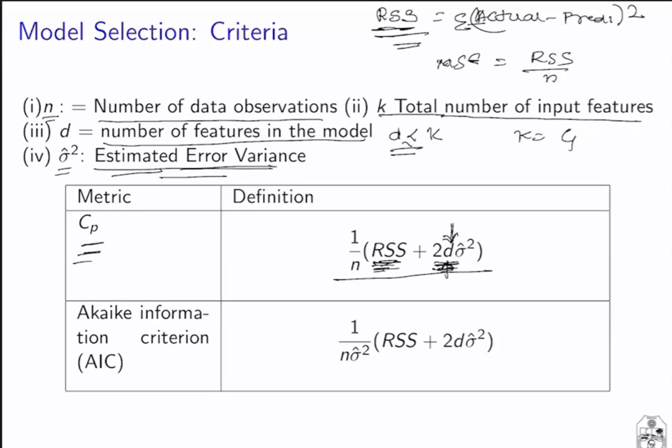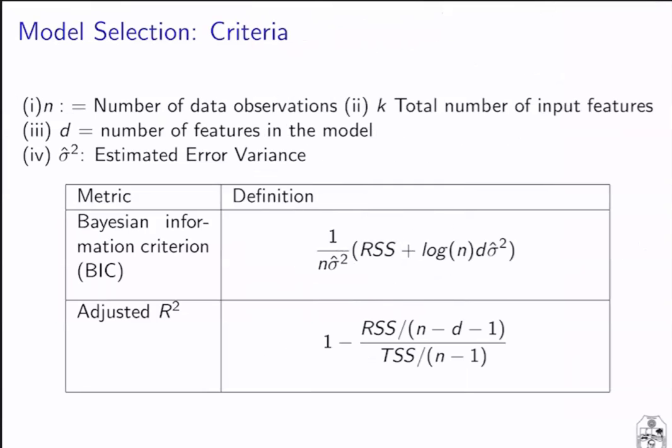Another metric that is commonly used is again a modification of this term. Now instead of this term, we are dividing by n multiplied by sigma cap square. This is called the Akaike information criteria or AIC.